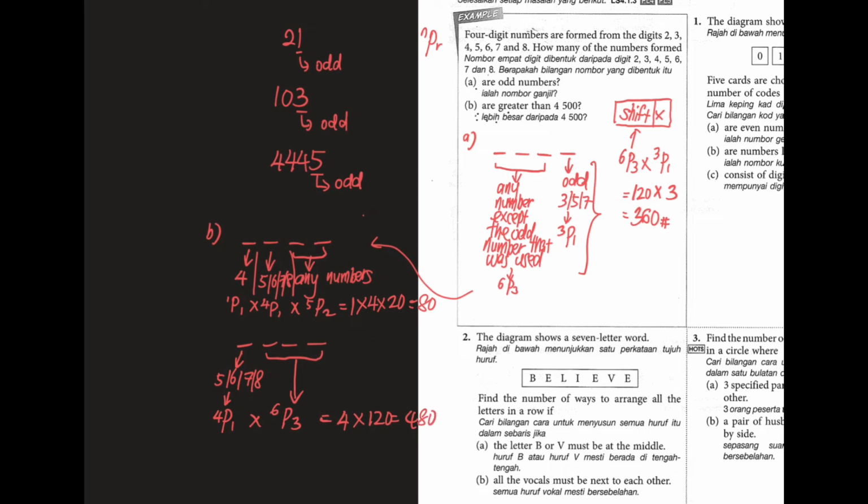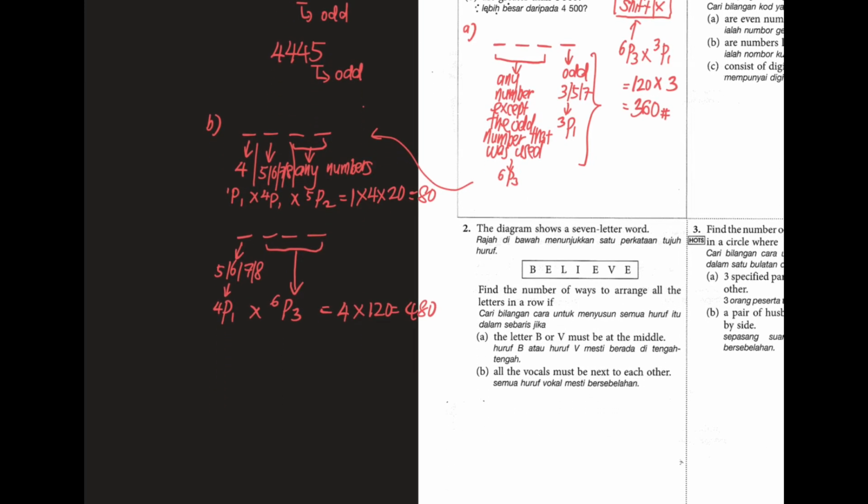Okay, now 4,000 somethings, there are 80 ways. 5,000, 6,000, 7,000, 8,000 something, we have 480 ways.